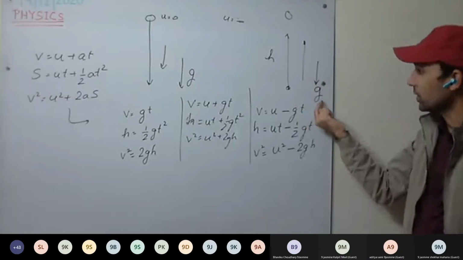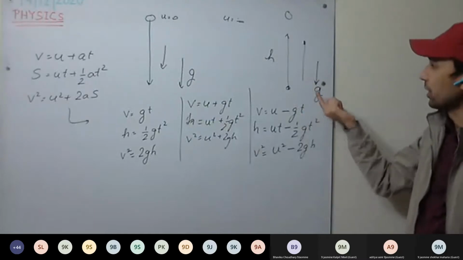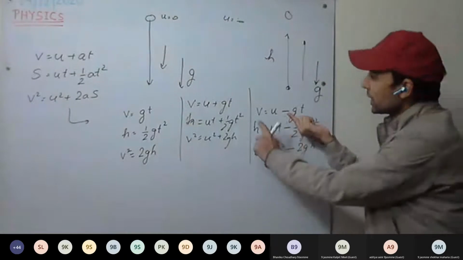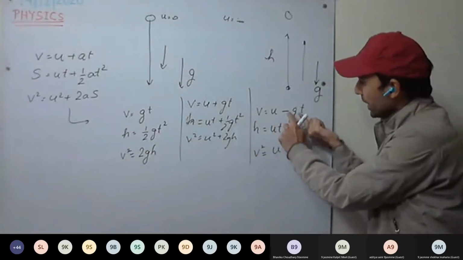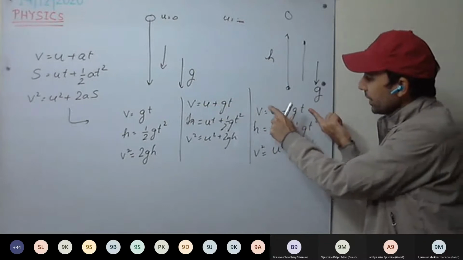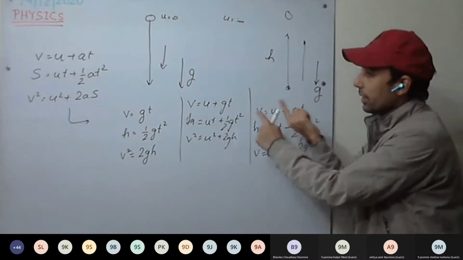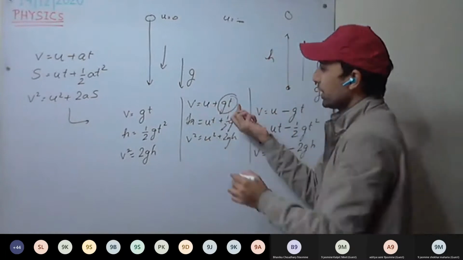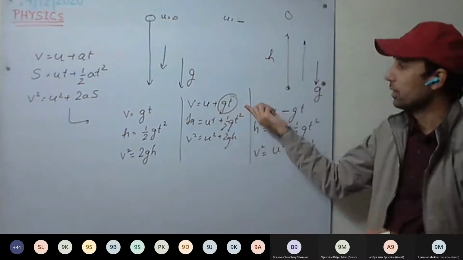And see here, acceleration due to gravity is in the opposite direction, so its velocity will be decreasing. The minus sign is there, so you can see the final velocity will be decreasing with the passing of time. For each second, its velocity will be decreasing. Here for each second, its velocity is increasing by the gt term. This is clear?